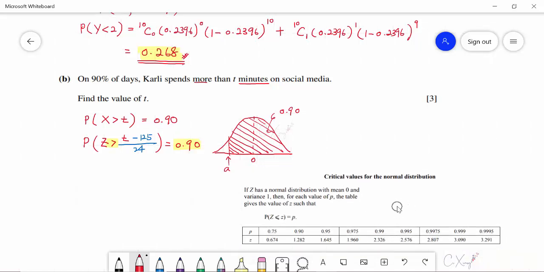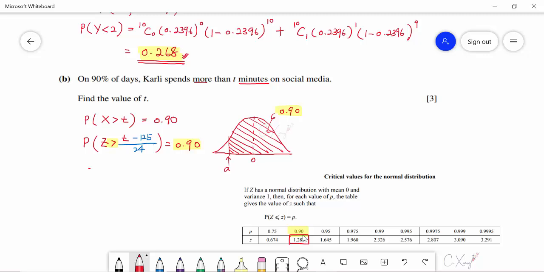It is quite useful because for some certain areas that you use frequently, they straight away show you the value of z. You can see that the area is 0.9 and the value of z is 1.282.